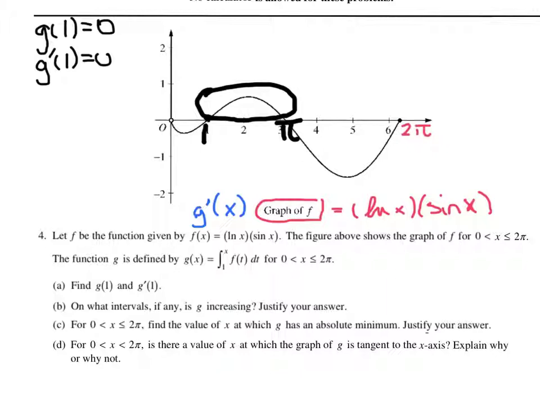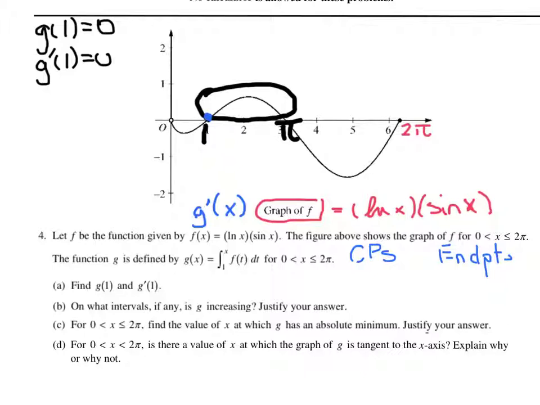Okay, now let's answer part C. So part C, we had to find the absolute minimum. Now, I don't know if you remember, but absolute minimums occur at critical points and at endpoints. A minimum will occur when the slope changes from negative to positive. We see that that occurs right here when x is 1.